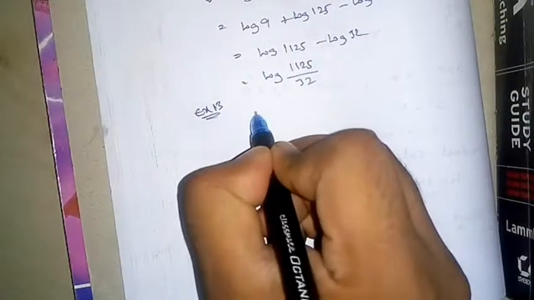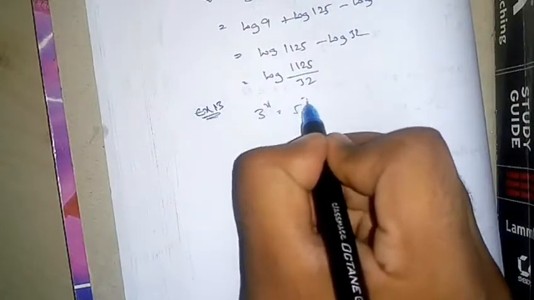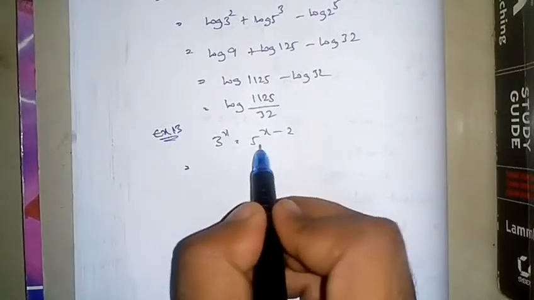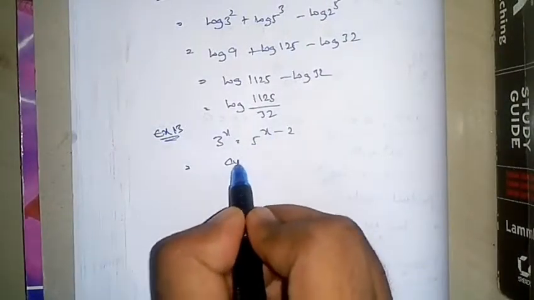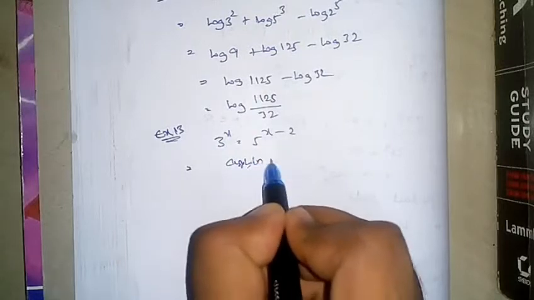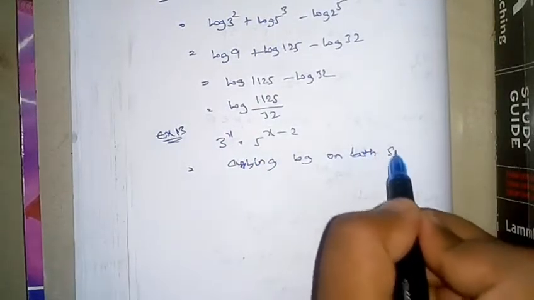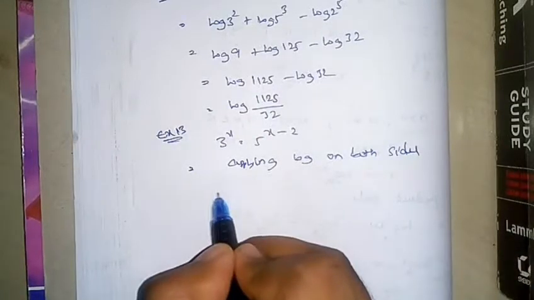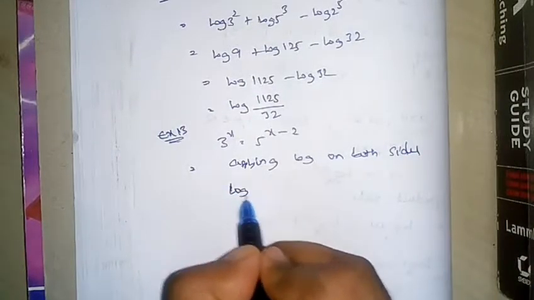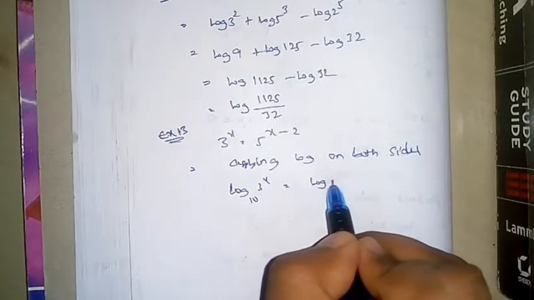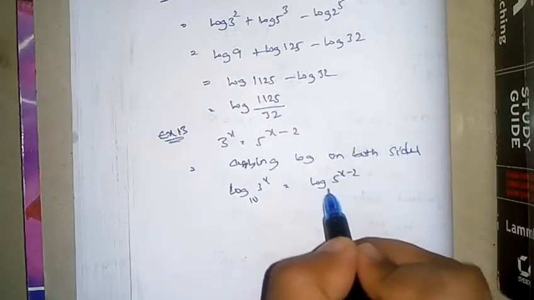Solve 3 power x is equal to 5 power x minus 2. If you apply log on both sides, what do you get? Log to the base 10 of 3 power x is equal to log of 5 power x minus 2 to base 10.